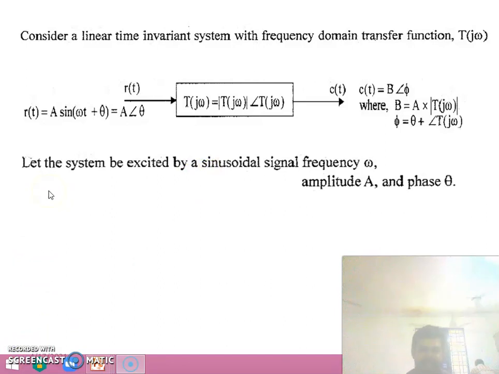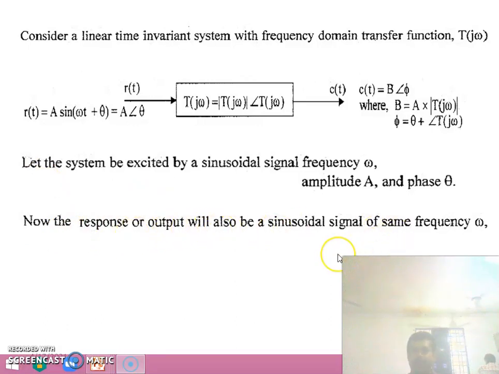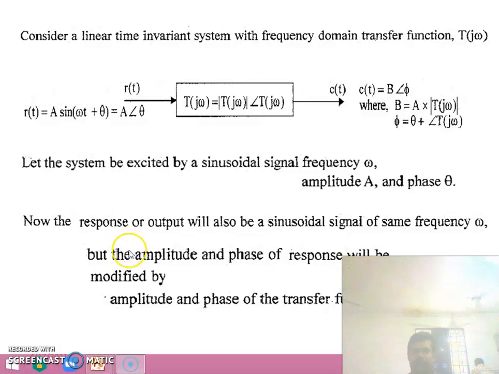Let the system be excited by a sinusoidal signal of frequency omega, amplitude A and phase theta. Now the response or output will also be a sinusoidal signal of the same frequency, but the amplitude and phase of the response will be modified by the amplitude and phase of the transfer function respectively.